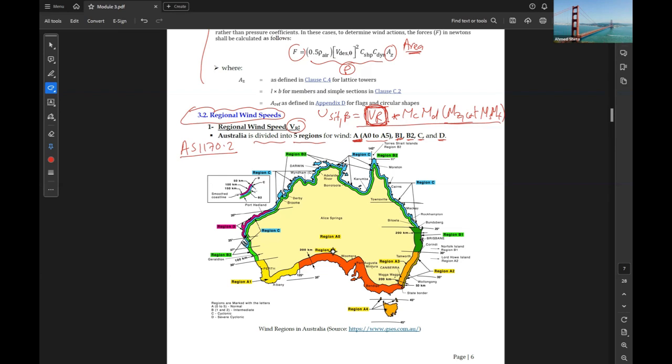So based on the location of the building you are designing, you can refer to this map and find where the location is. For example, Brisbane is region B1.